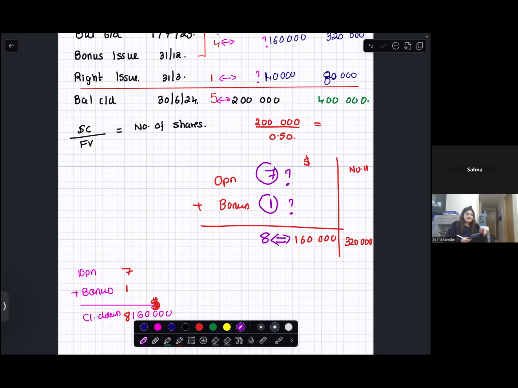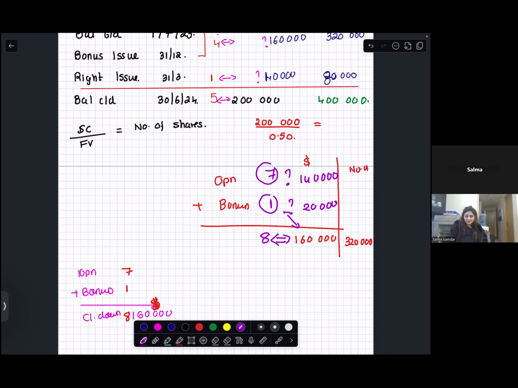How much would this 7 represent? 160,000 divided by 8, which was 20,000. And 160,000 into 7 divided by 8. So this would become 140,000.